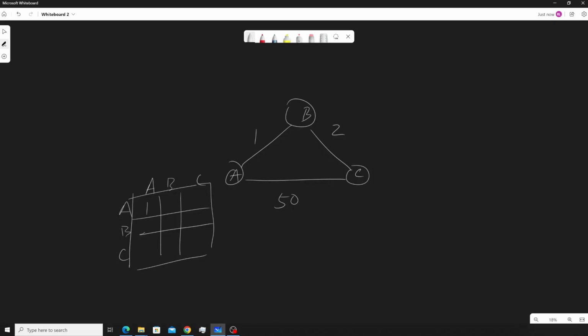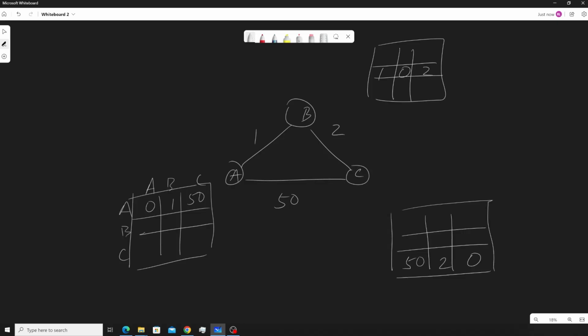B to get to A with a cost of 1, B can get to C with a cost of 2, and itself with 0. And for C, to get to A costs 50, to get to B it costs 2, and to get to C it costs 0.